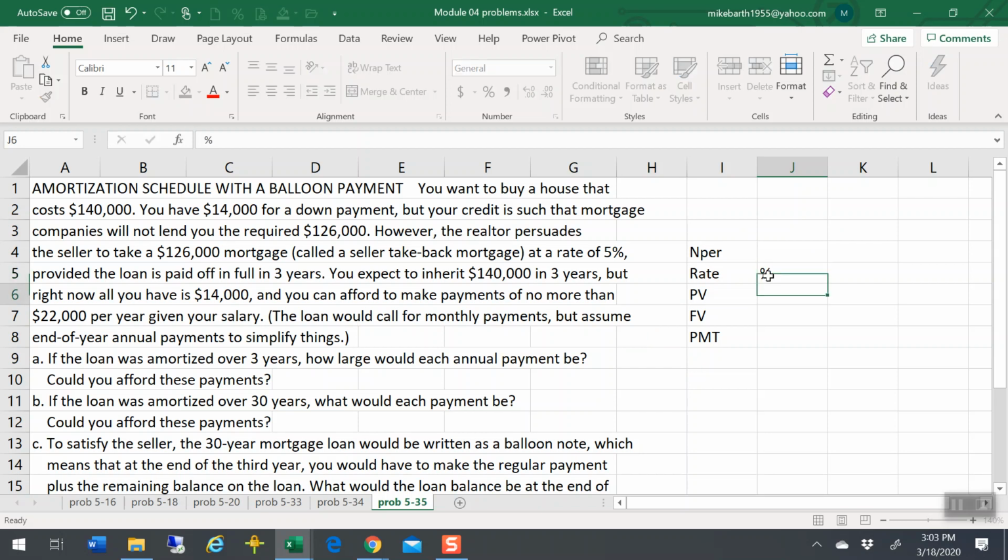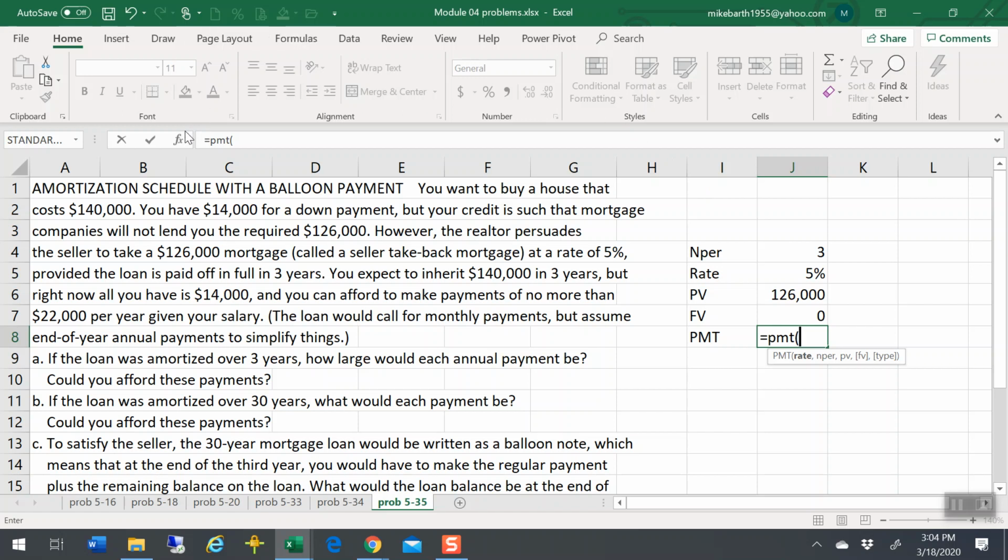Okay, so at 5% over 3 years, 126,000 is the principal, no future value without the balloon payment. The payments are going to be pretty substantial. They're a little over a third of 126,000.